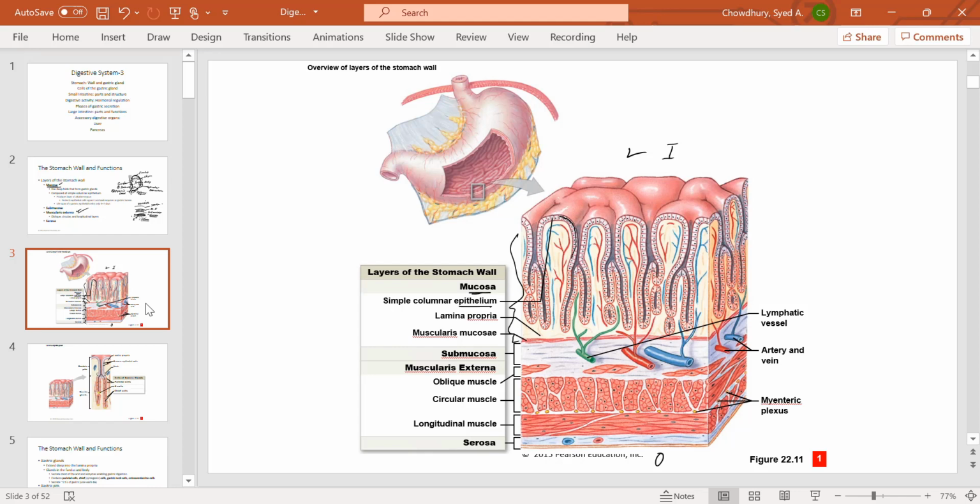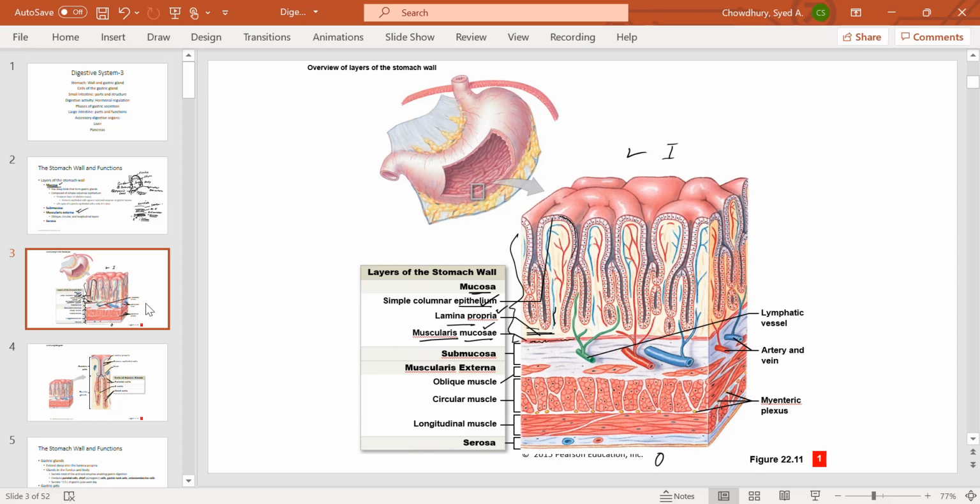Okay, and then lamina propria is the underlying connective tissue, this one, lamina propria. Okay, and then you see thin muscular layer here, red one, that's the muscularis mucosa. That means thin muscular layer in the mucosa. So those are three layers: epithelium, lamina propria, and muscularis mucosa.